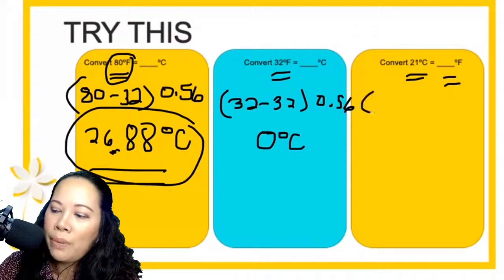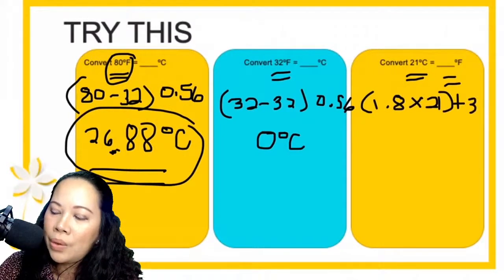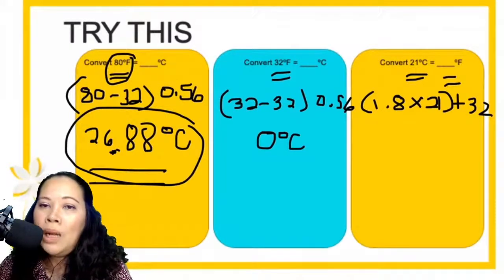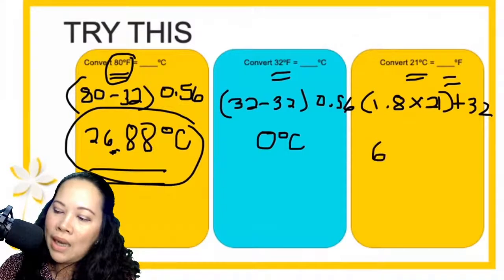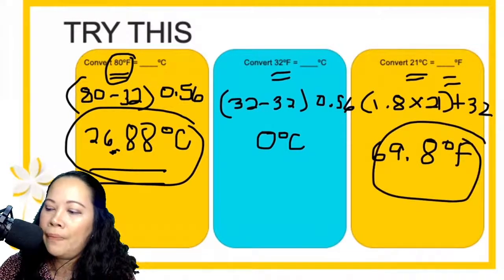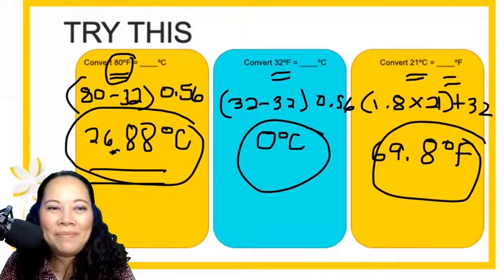So we have 1.8 times 21 plus 32, which will be 69.8 degrees Fahrenheit.